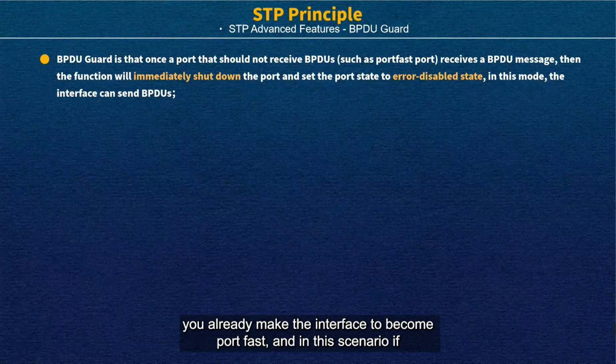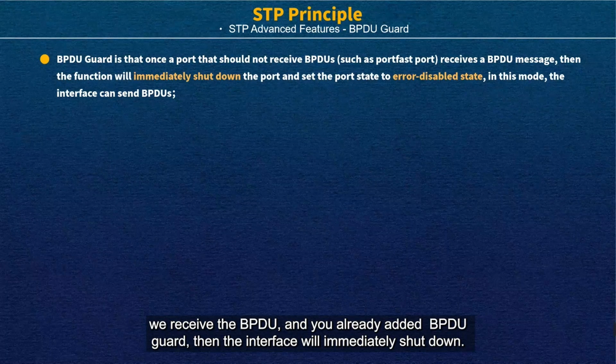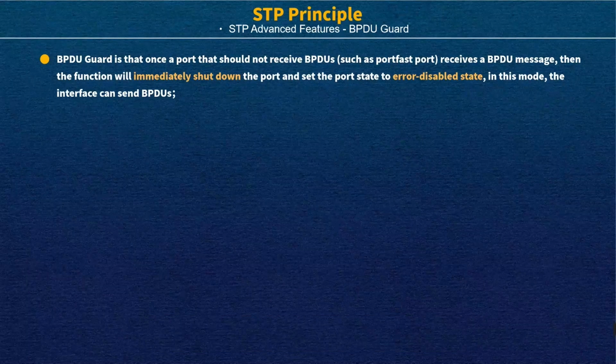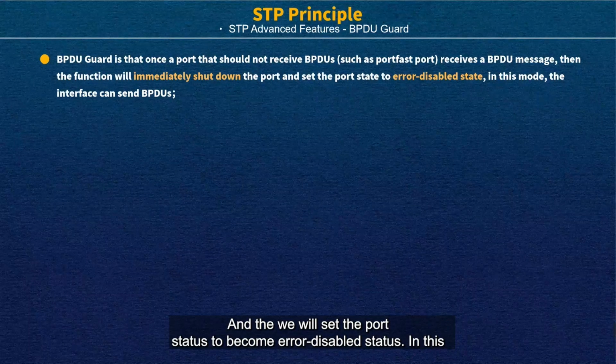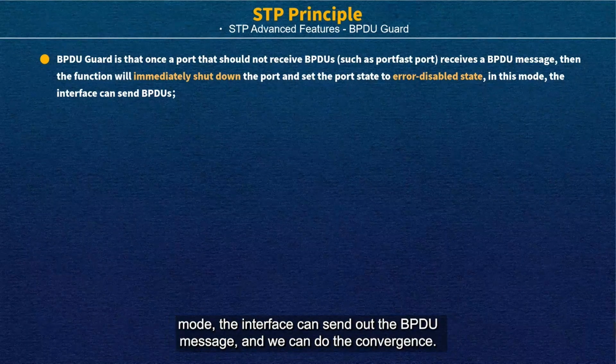In this scenario, if it receives a BPDU and you already added BPDU guard, then the function will immediately shut down the port, and we will set the port status to error disabled. In this mode, the interface can still send out BPDU messages, and we can do the convergence.